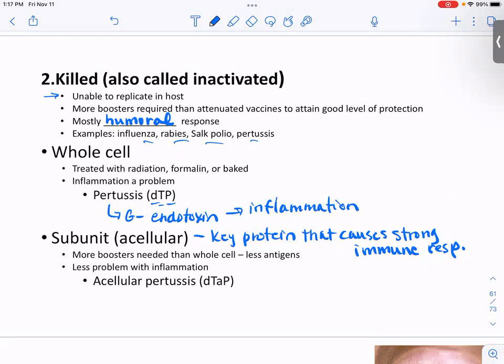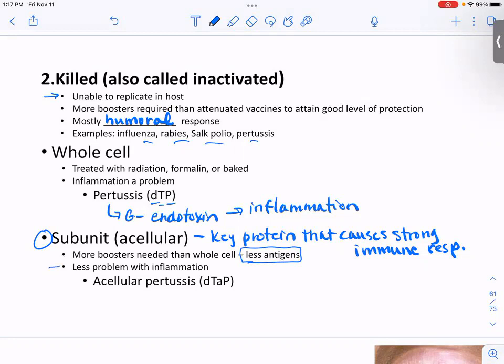But to try to improve that, we've now switched to a subunit vaccine for pertussis. A subunit vaccine usually just takes a part of the pathogen that causes an immune response, maybe several different parts, and inoculates that. So it's less antigenic because there are fewer epitopes presented.